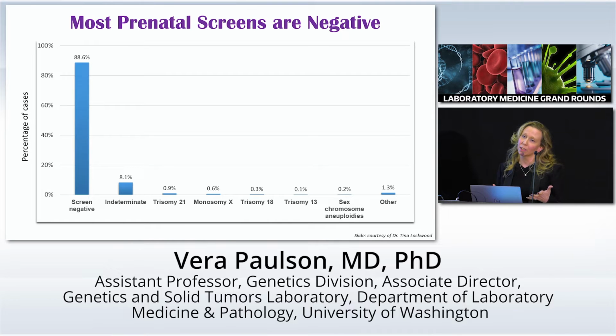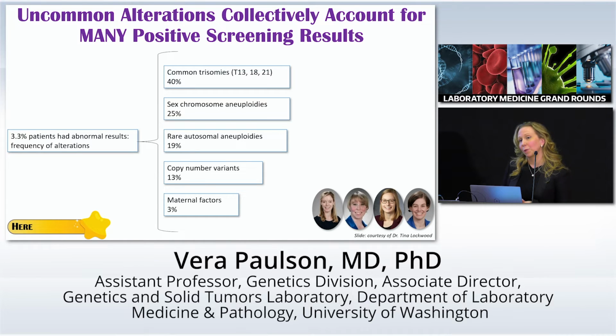Most of our prenatal tests are negative, as would be expected. About 90% are negative. The next number to think about are the indeterminates. We're about 8% there, which is within industry standard. And the last 2 to 3% are our abnormals. If we break this down, about 40% of them are due to those classic trisomies, gains of 13, 18, or 21.